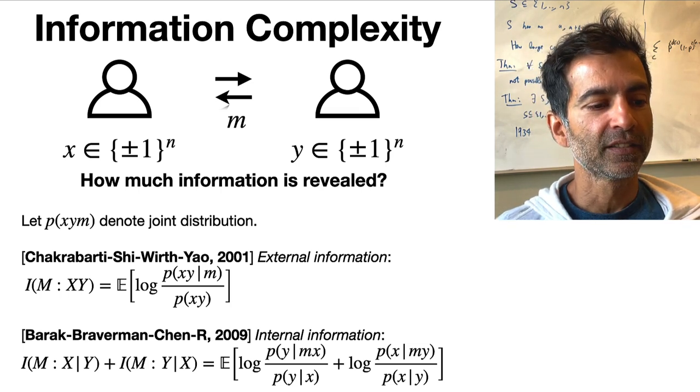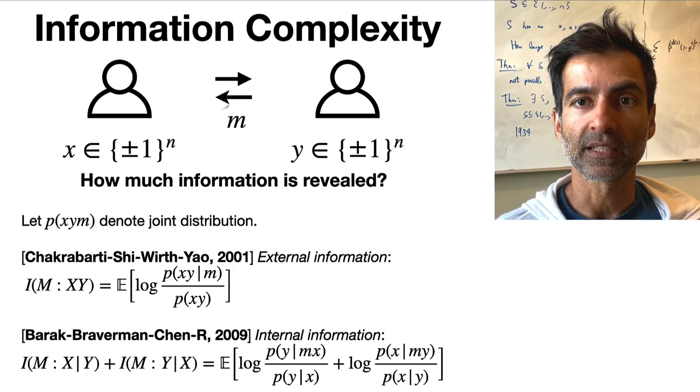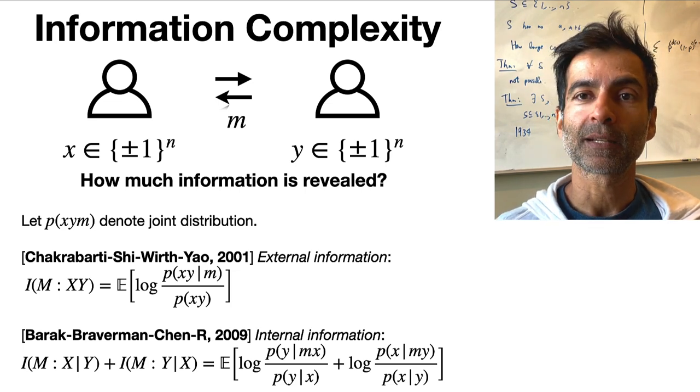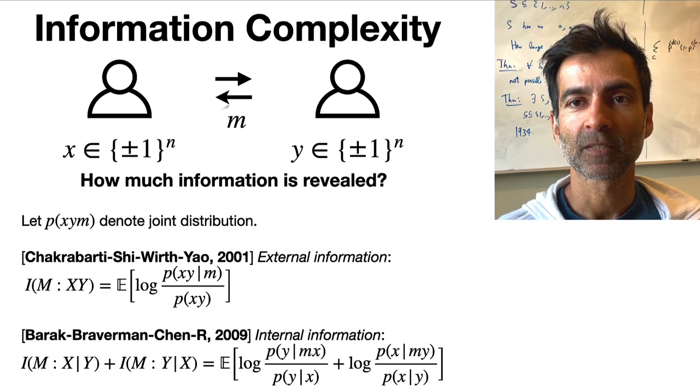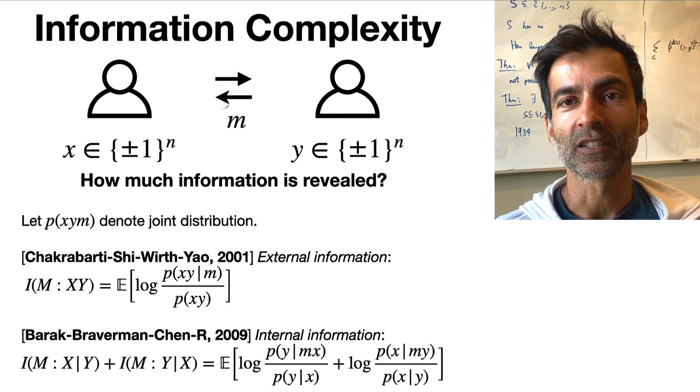Now, the first attempt to define a notion of information was made by Chakrabarti, Shi, Wirth, and Yao. And they were thinking exactly about these kinds of questions in 2001. And they defined a concept that I will refer to as external information. They didn't call it external information at the time, but now it makes sense to call it that, to contrast it with other definitions.